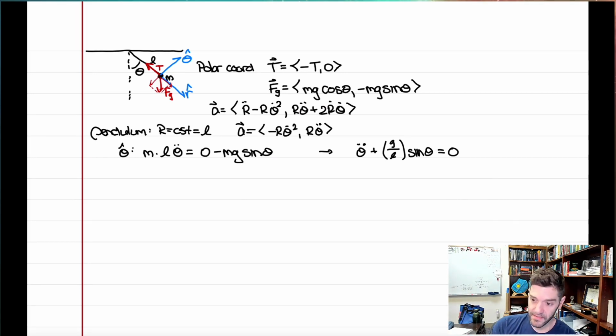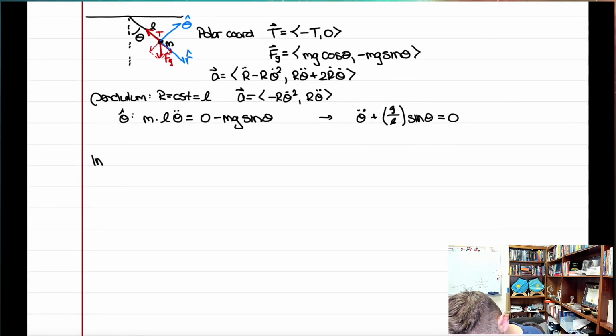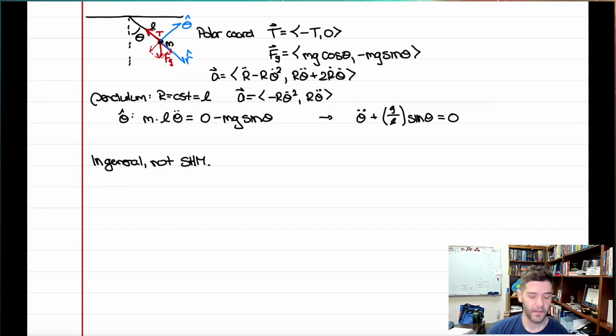Notice this is not the simple harmonic motion equation, because we need it not to be sine of theta, but just theta, if we want to use simple harmonic motion. So in general, not simple harmonic motion. It, of course, is oscillatory motion.